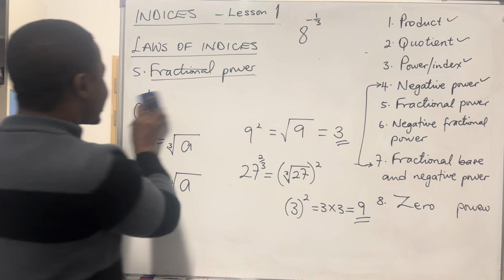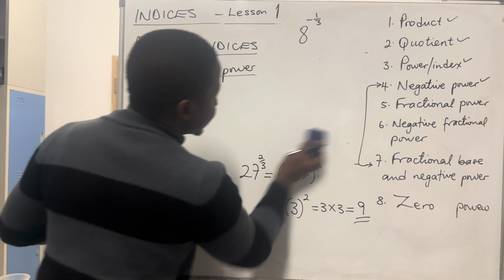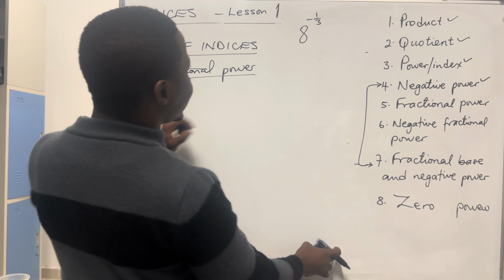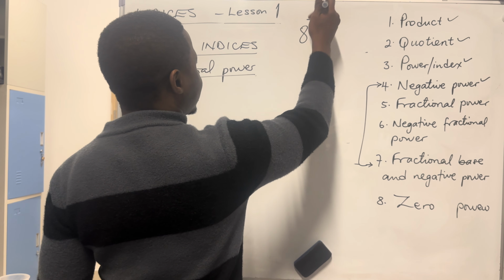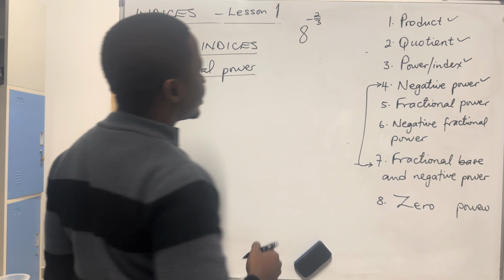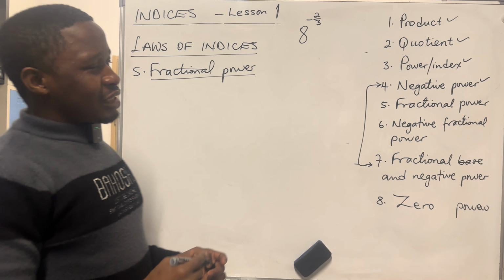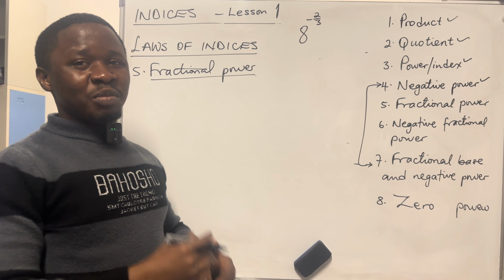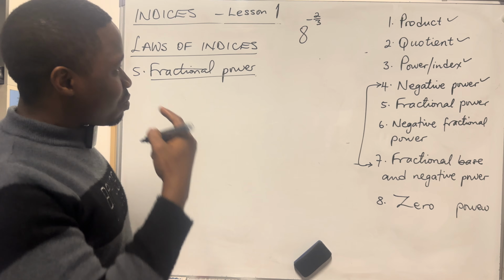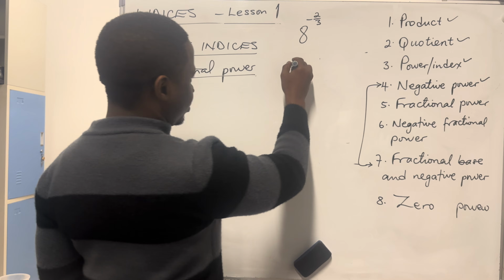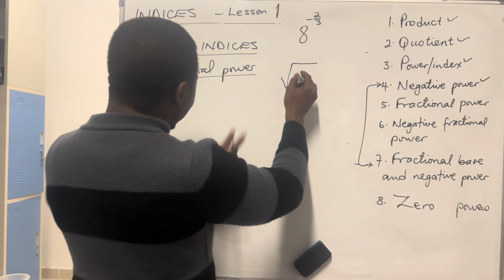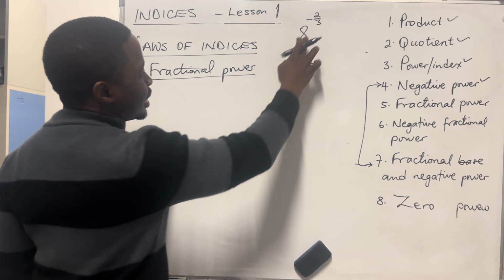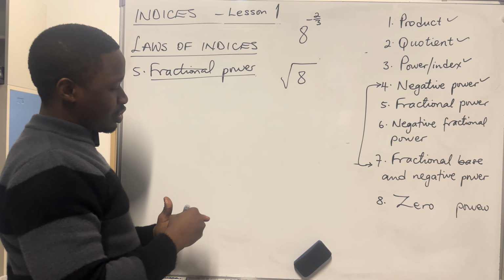Now, what if this law extends to the point that the power is negative? Let me also make it more meaningful like this. You see, just follow what the principle is saying. The power is a fraction, you have your root. The base is 8, it is inside.